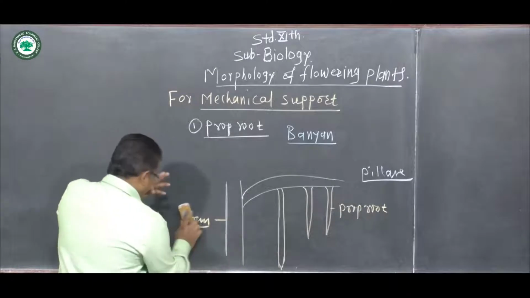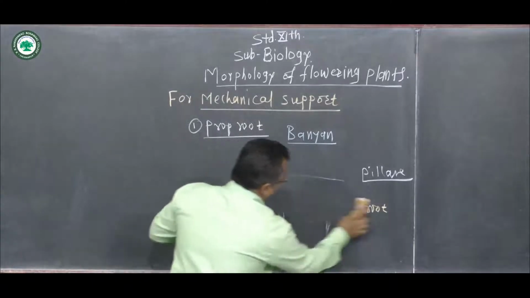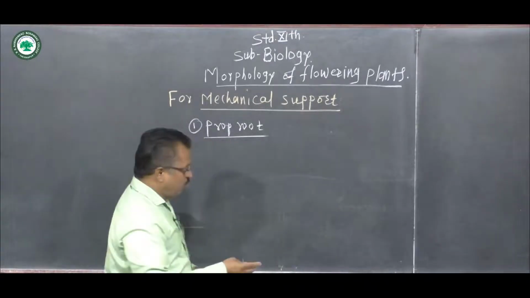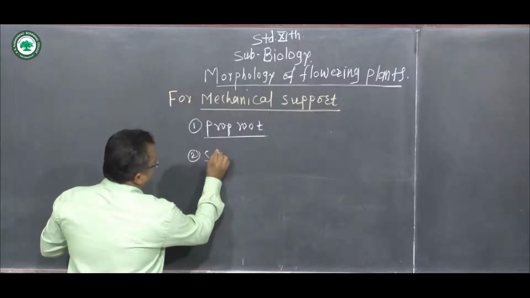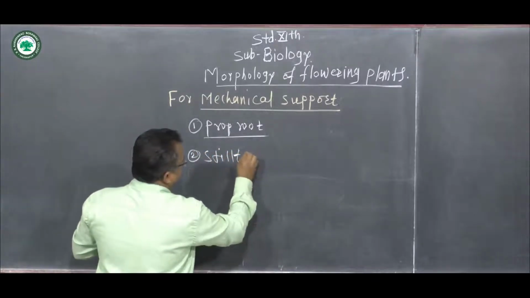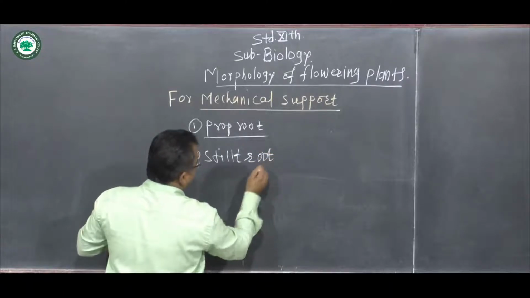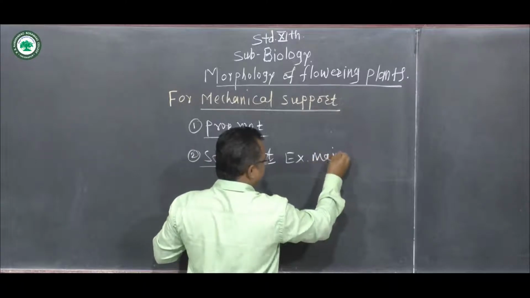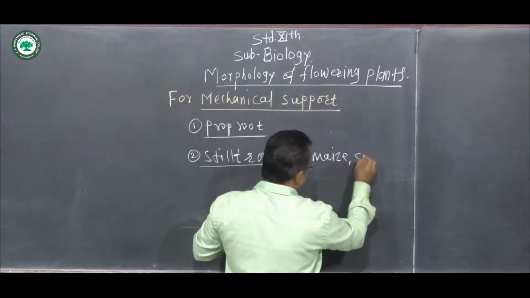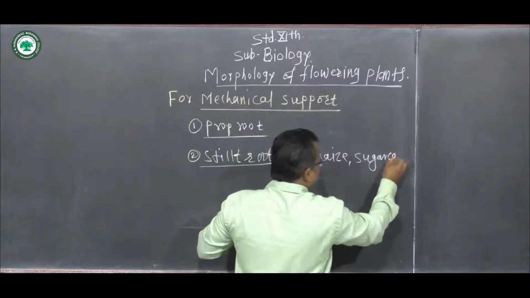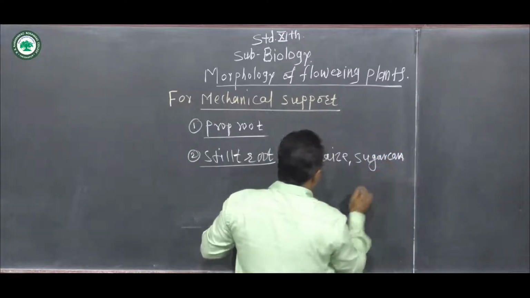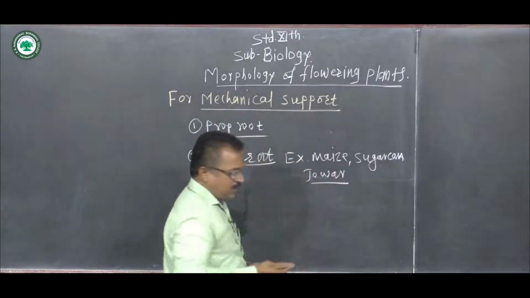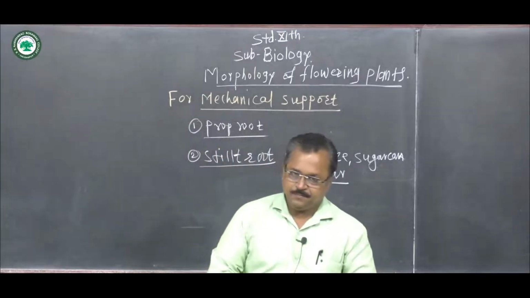Okay. Then the next type of root is the stilt root. For example, maize, sugarcane, jowar, like these members of family Poaceae.